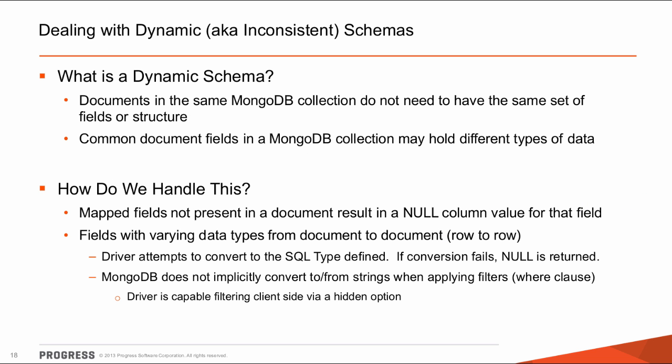So I mentioned that MongoDB is schemaless. MongoDB doesn't impose and doesn't restrict you from writing JSON documents into a collection that are potentially different than another document in that collection.